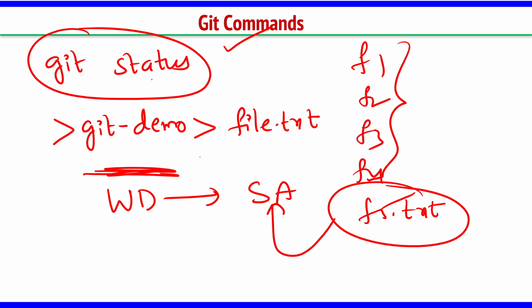I hope it's clear. Git status means in my local repo, in my working directory, I made some changes. I recently modified one or two files and I want to put them into the staging area. To know which files are readily available so that I can put them in the staging area, I have to use the command git status.